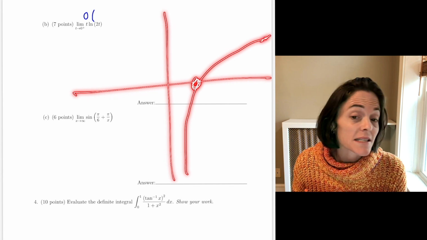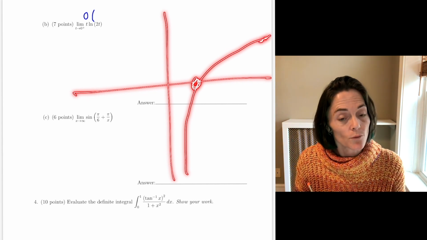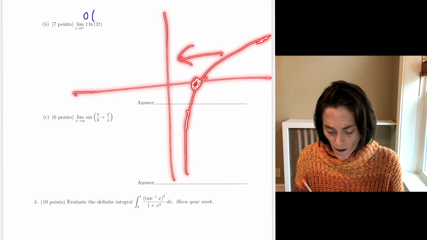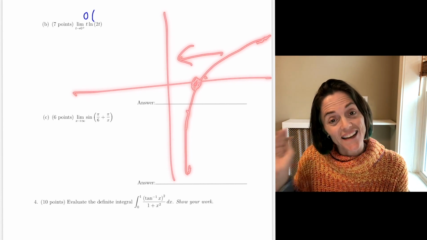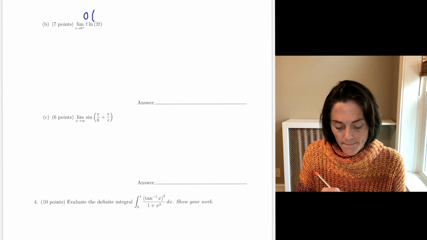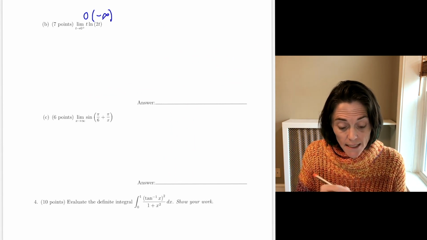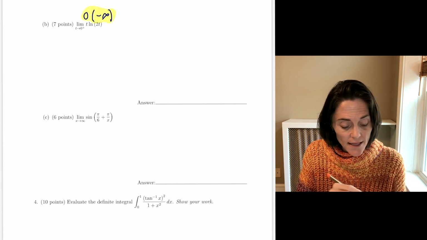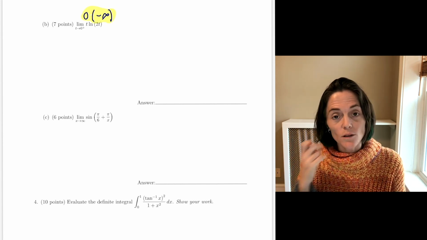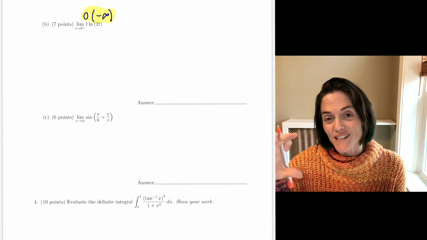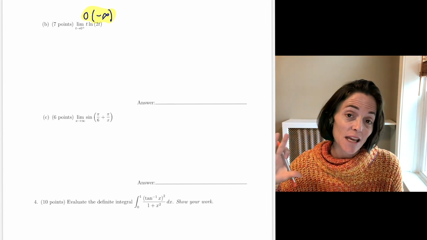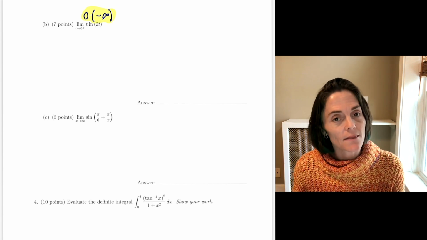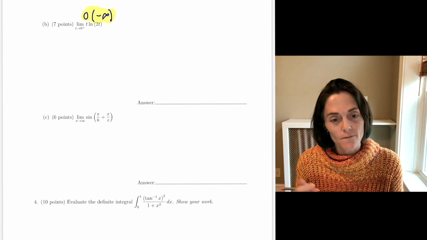This is approximately the shape of the natural log, but you notice as t approaches 0, the natural log goes to negative infinity. This is an indeterminate form, but it's not yet ready for L'Hopital. L'Hopital applies when we have 0 over 0 or plus or minus infinity over plus or minus infinity. And so we just need to rewrite this so we get the right kind of indeterminate form.